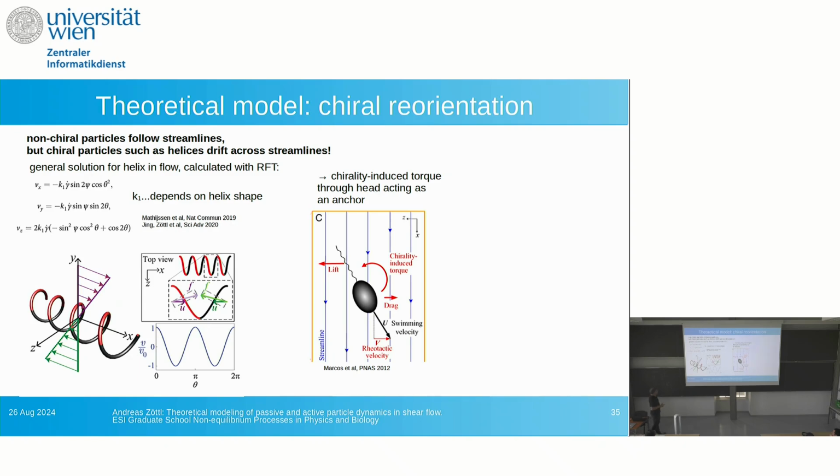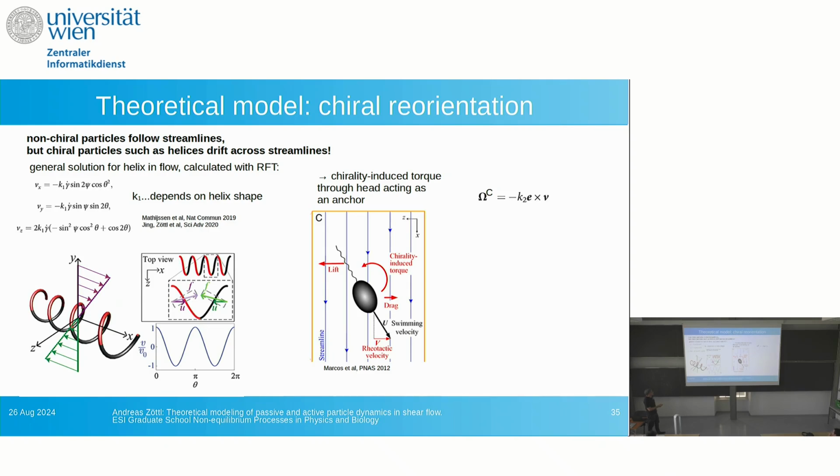So I also have some unpublished work on how the formula looks for K1. This is still work in progress, but you can calculate how it looks depending on resistive force theory. It depends on the pitch of the helix and so on, the length of the helix and the radius, and some end effects. And then you just calculate the chirality-induced torque.